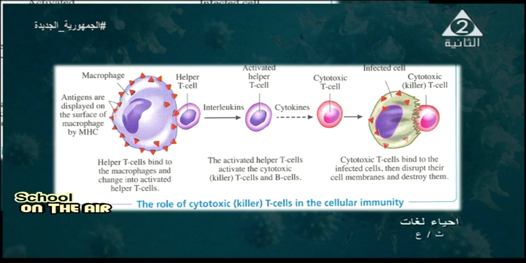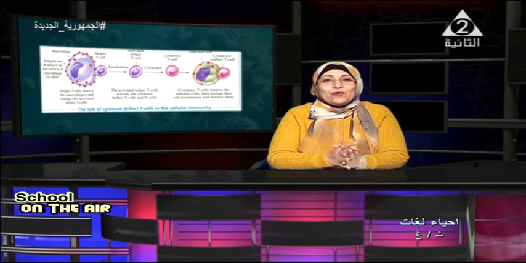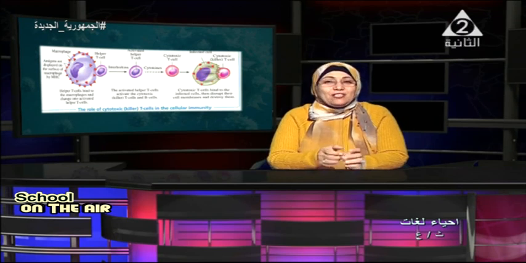The helper T cell produces interleukin. Interleukin is a substance. In recent medicine, interleukin can be injected into humans.